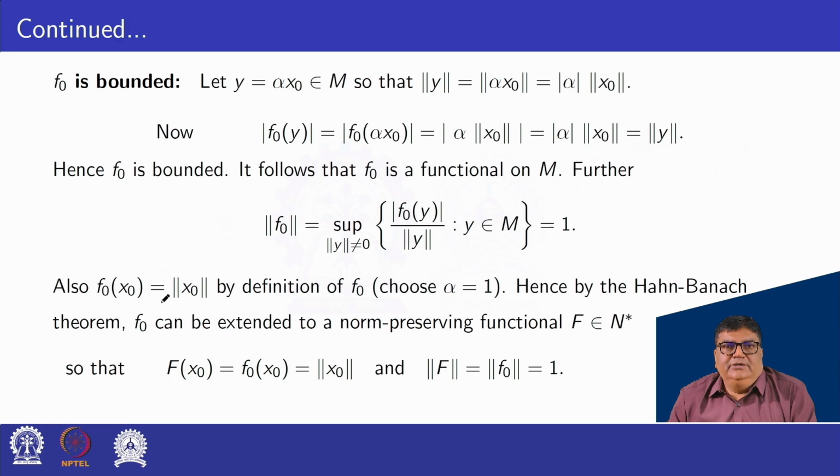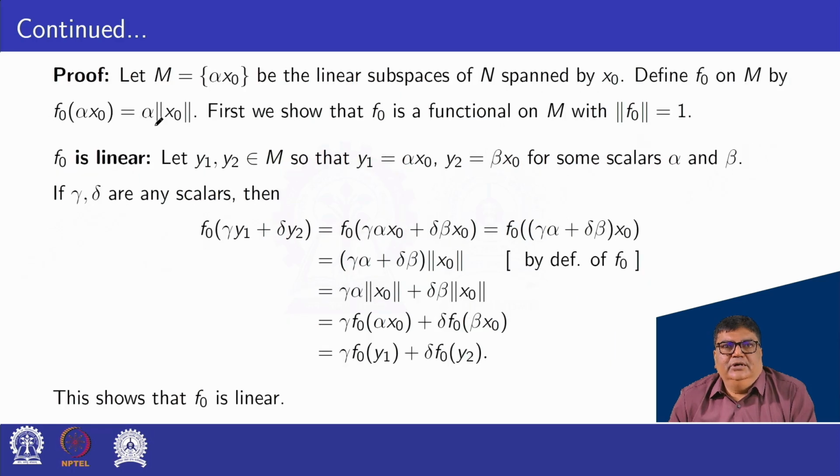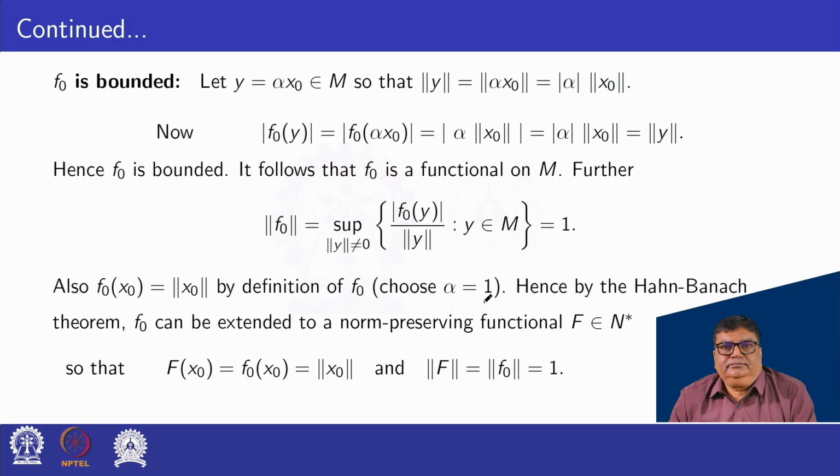Also f0 x0 is equal to norm x0 by the definition of f0 by choosing alpha is equal to 1. Hence, by the Hahn-Banach theorem, f0 can be extended to a norm preserving functional f belonging to N star.